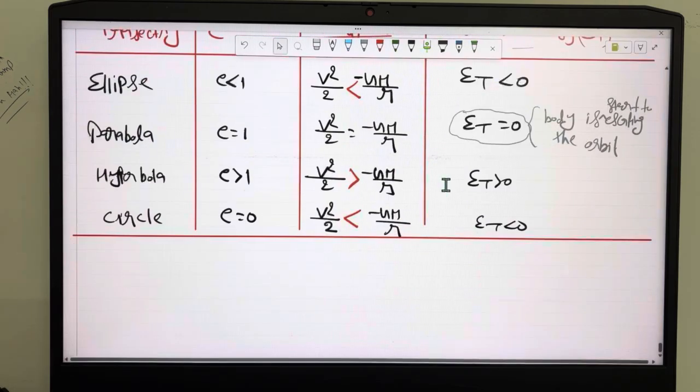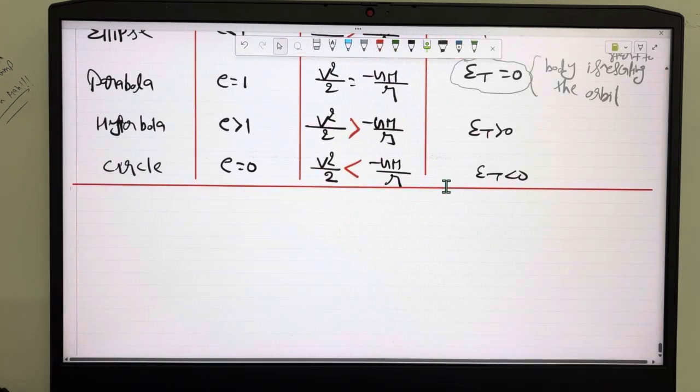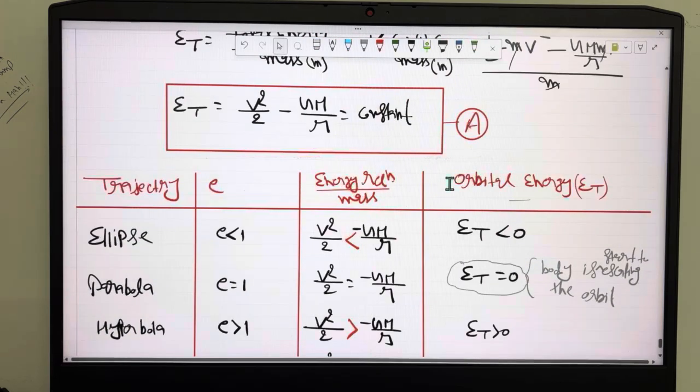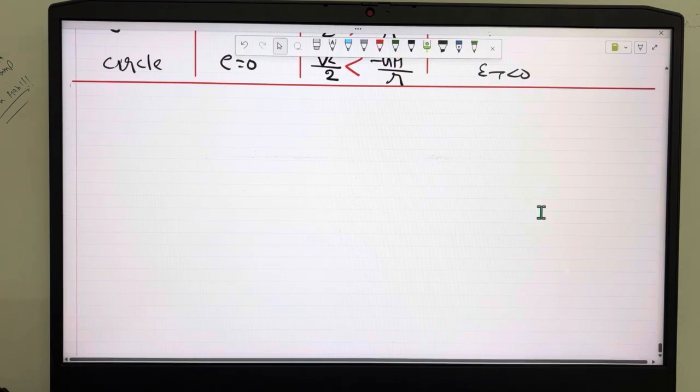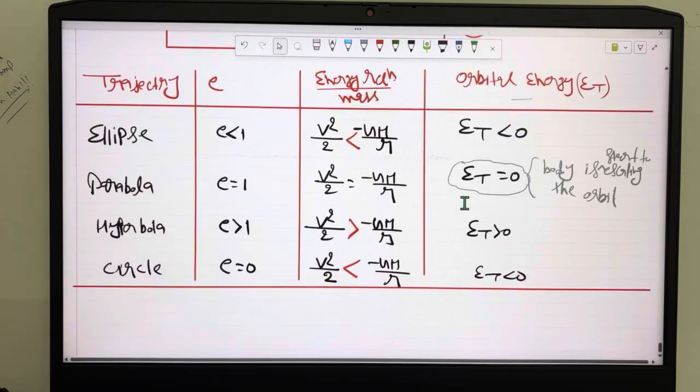Okay guys, now let me start. Let's do some wordings about this. A vehicle in orbit. So what do you understand by this?